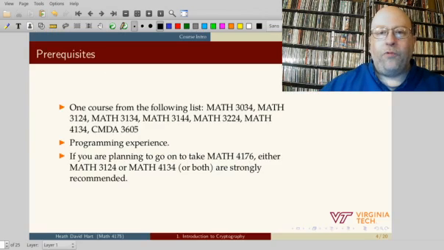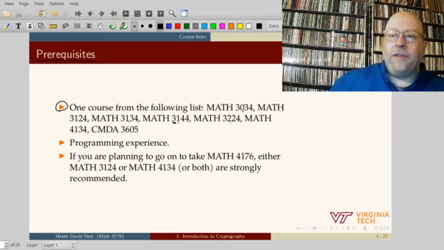The prerequisites for this course, what you should have before coming into this course, is any course from this list. 34 is Intro to Proofs, Modern Algebra. This is Combinatorics. This is a 3,000 level linear algebra course. This is Advanced Calculus, Number Theory, and Mathematical Modeling.